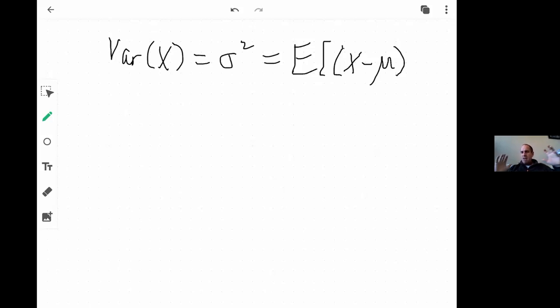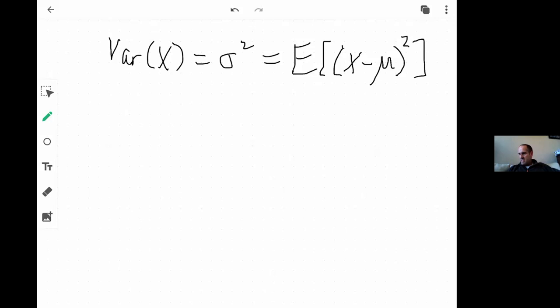Every time x is away from the mean, I want that to count positively toward the variance. So what I do is I square this. Oftentimes this is referred to as the expected squared deviation.